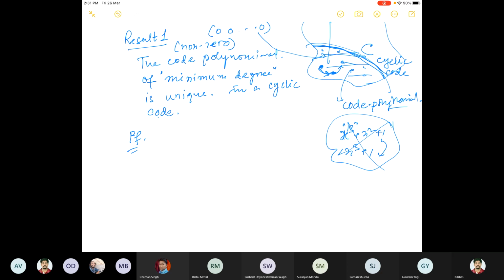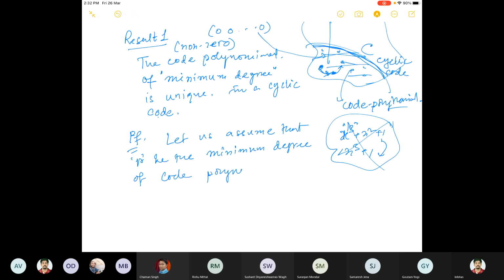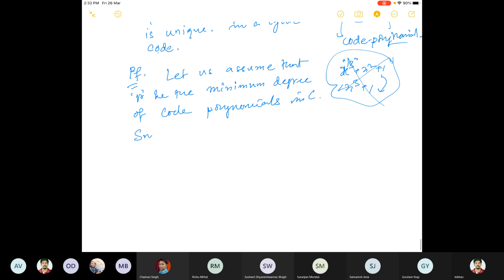Let us assume that R is the minimum degree of code polynomials in the code C. And suppose g(x) is, I can write it as g0 plus g1 x plus dot dot dot plus g_{r-1} x to the power r minus 1 plus x to the power r.